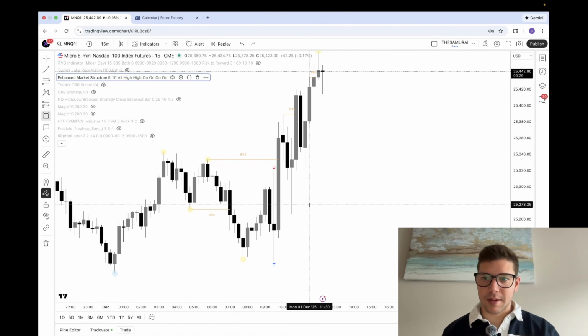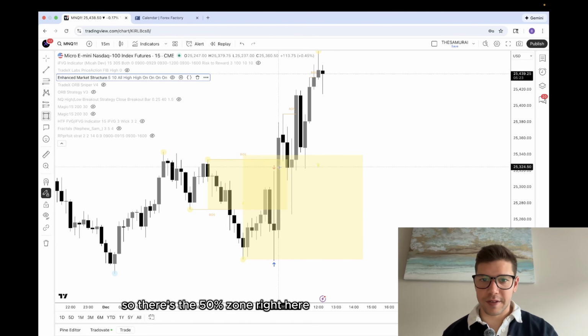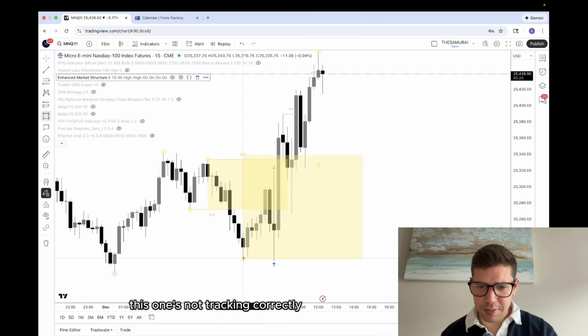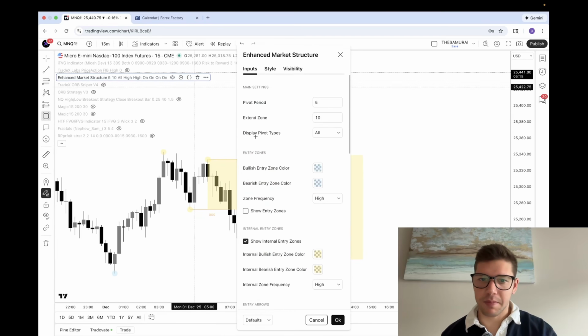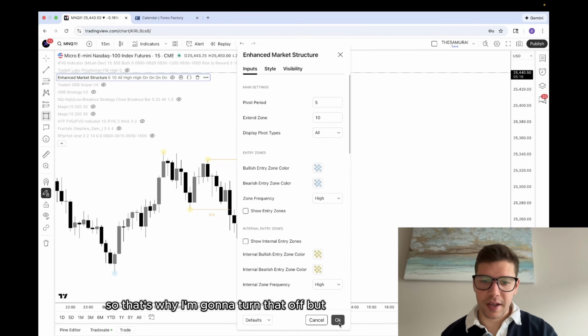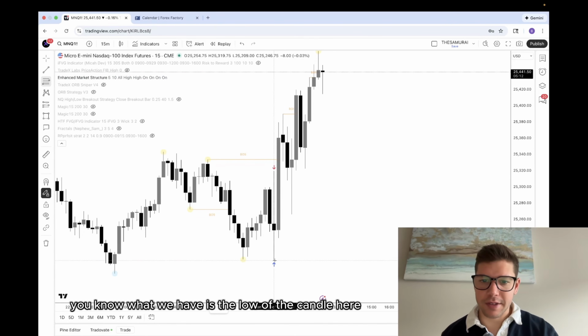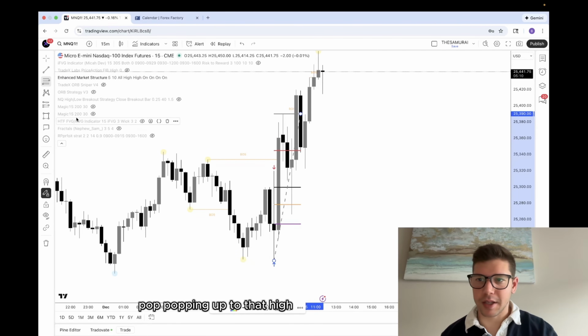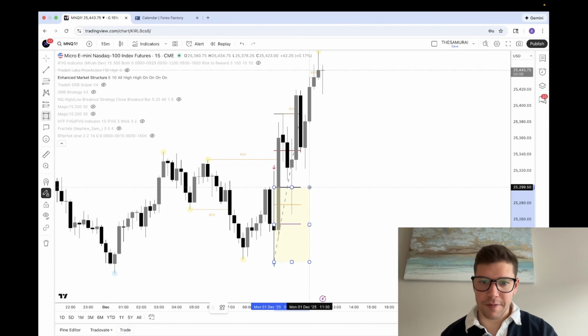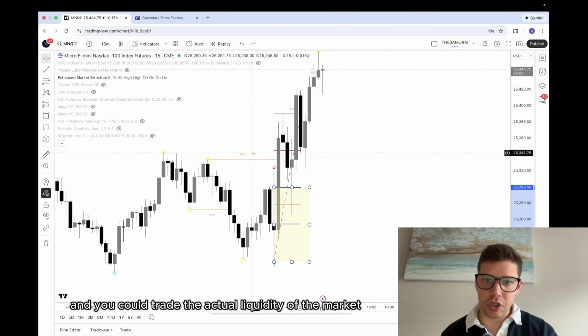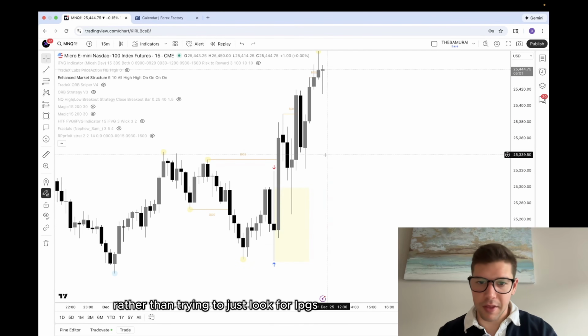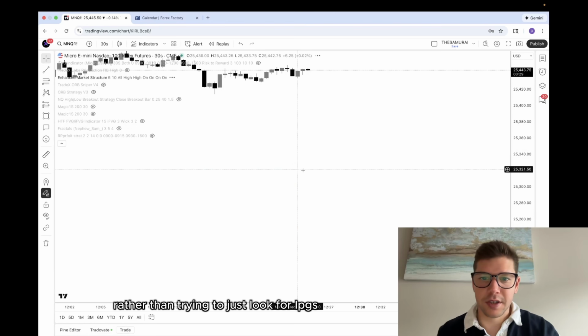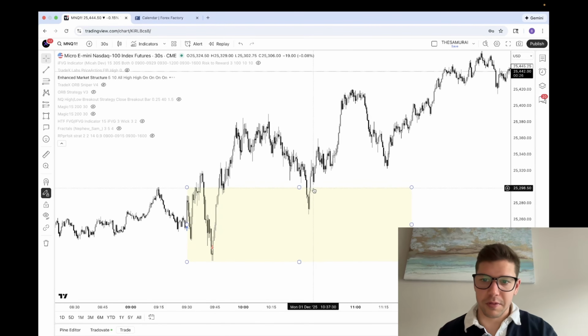Let's see if it pops up. There you go, so there's the 50% zone right here. This one's not tracking correctly, so that's why I'm going to turn that off. But it's the low of the candle here popping up to that high. That's where it develops that 50% zone. And you could trade the actual liquidity of the market rather than trying to just look for IFVGs. And then you can take like a second inversion within there.